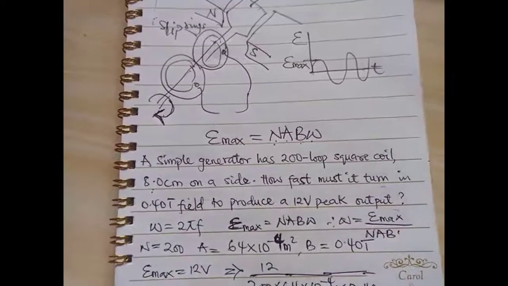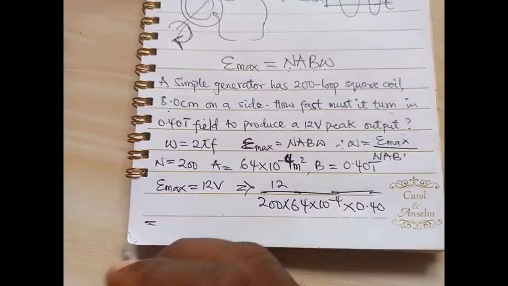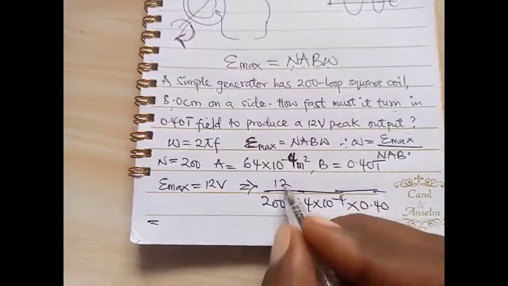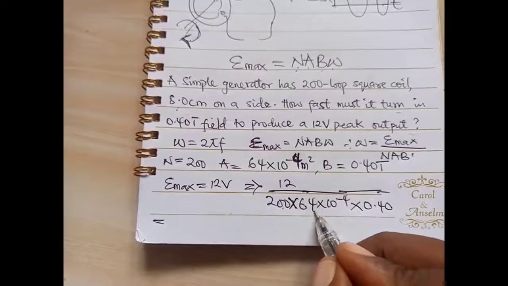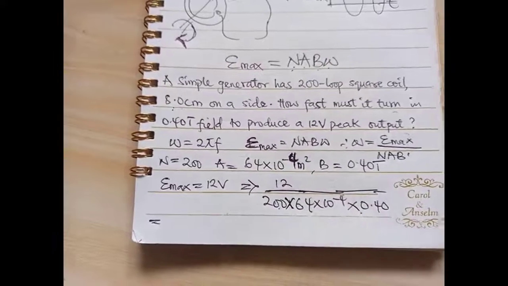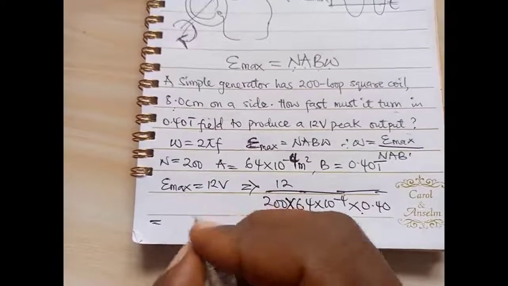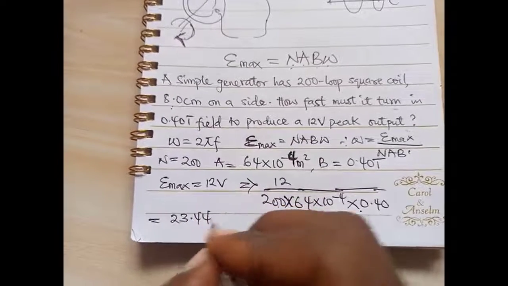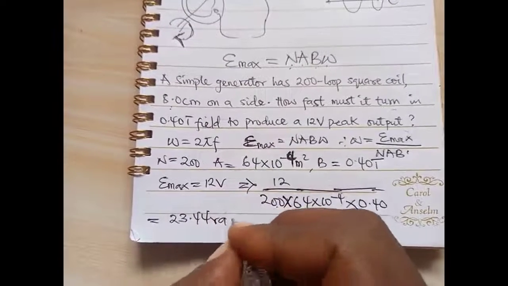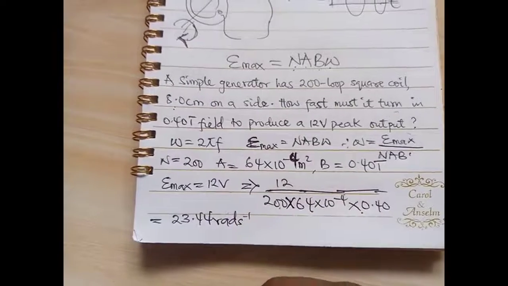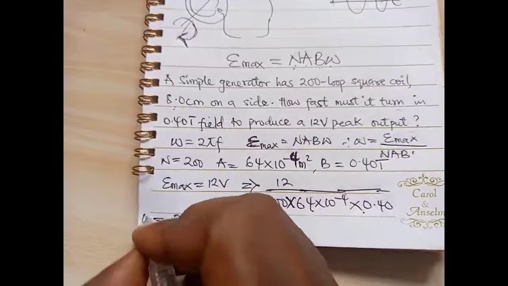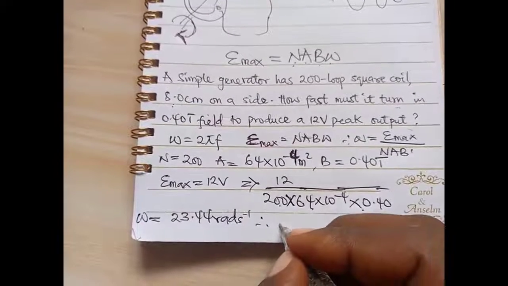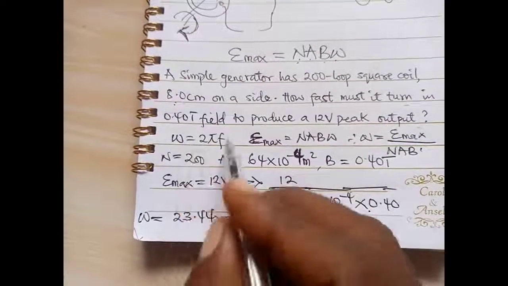And if we calculate all of that, E max over N A B, we are going to get approximately 23.44 rad per second.